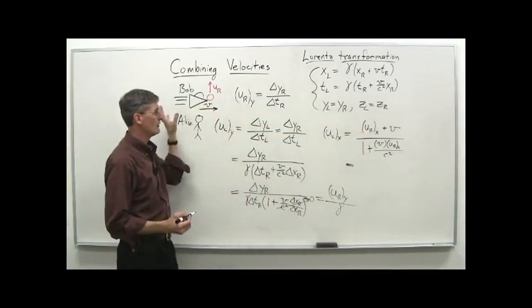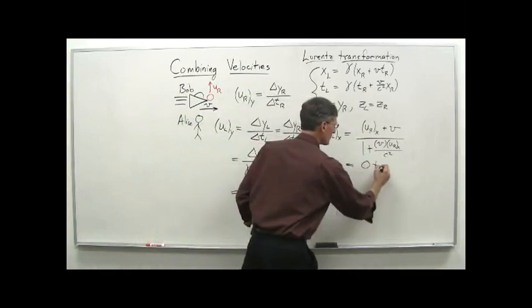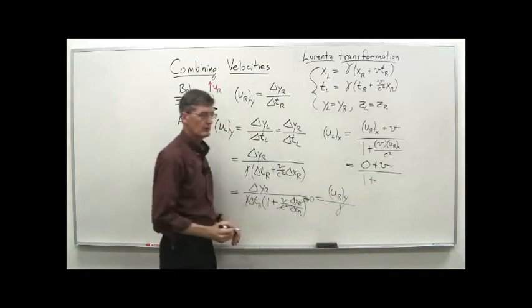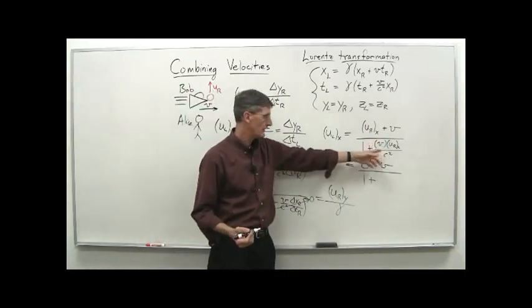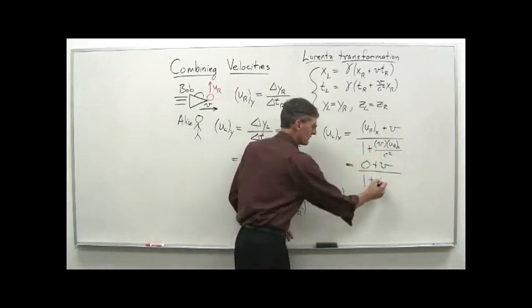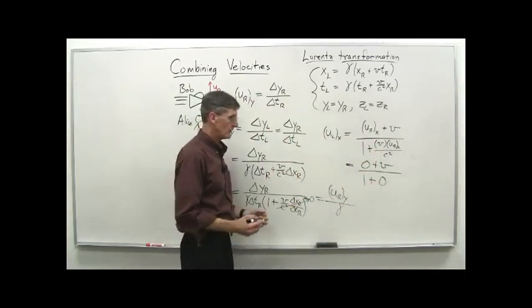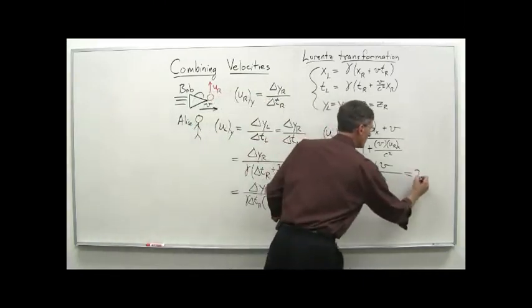As far as Bob is concerned, no velocity in the x direction. So I get 0 plus v all over 1 plus, well again, u sub Rx is 0 to Bob in this example. Therefore, this whole thing is 0, so I just get 1 plus 0. In fact, we did this example when we were talking about the transformation equations for the velocity. This just gives us v.